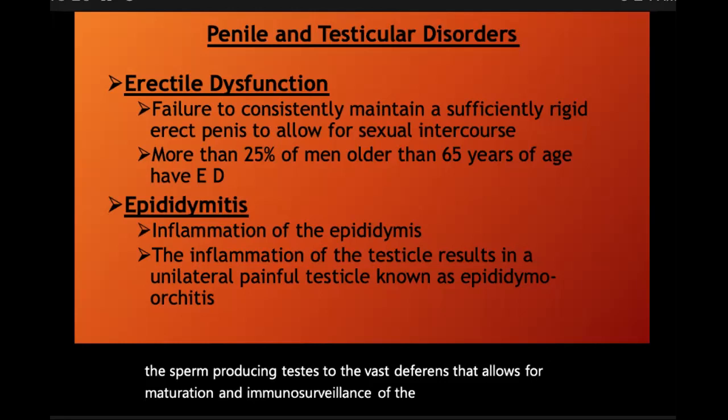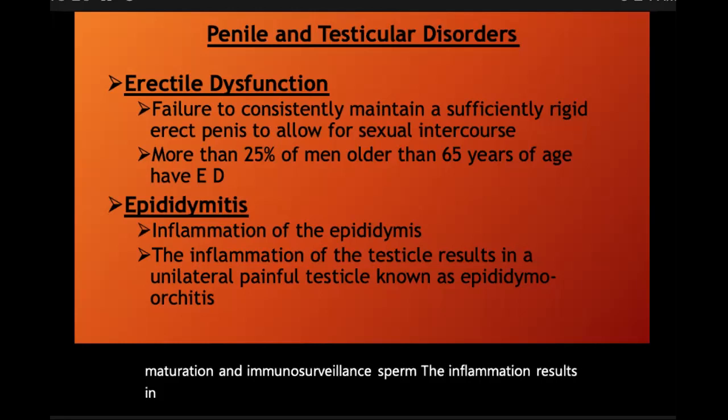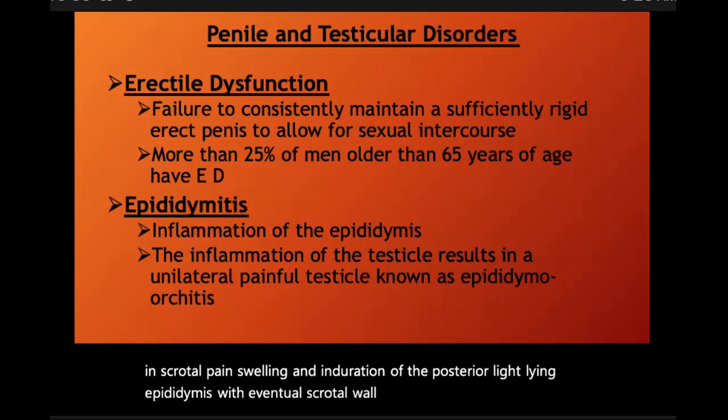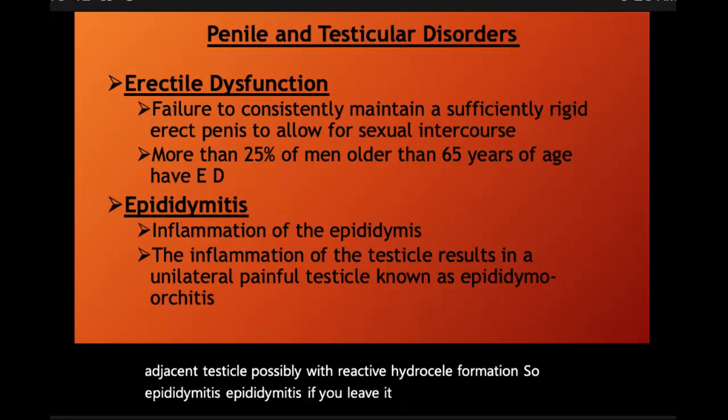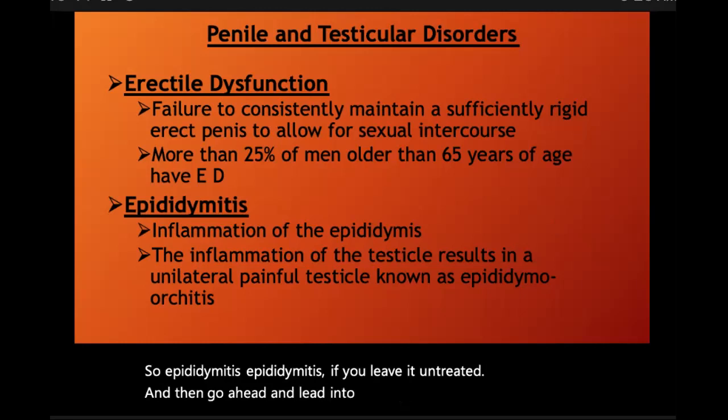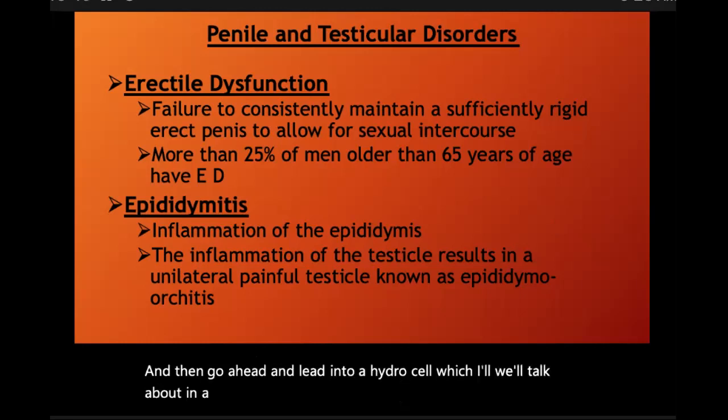The inflammation results in scrotal pain, swelling, and induration of the posterior lying epididymis, with eventual scrotal wall edema and involvement of the adjacent testicle, possibly with reactive hydrocele formation. So epididymitis, if you leave it untreated, can go on to lead to a hydrocele, which we'll talk about in a few minutes. So just keep that in mind.